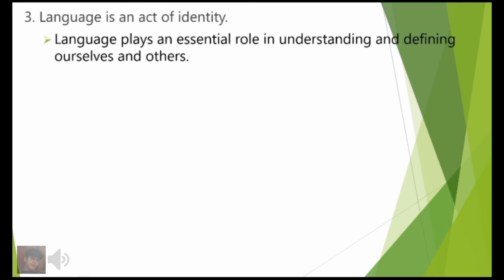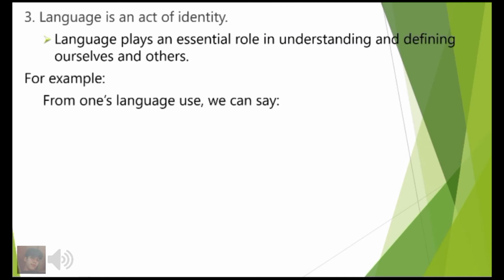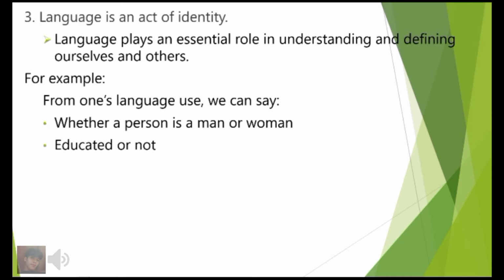Another reason is due to the fact that language is an act of identity. This means that language plays an essential role in understanding and defining ourselves and others. For example, from one's way of speaking, we can say whether a person is a man or a woman, educated or not.